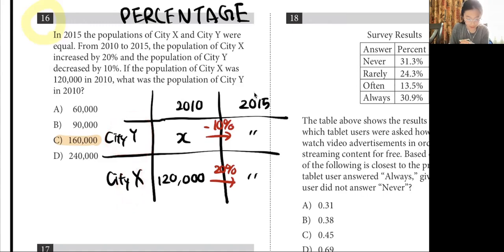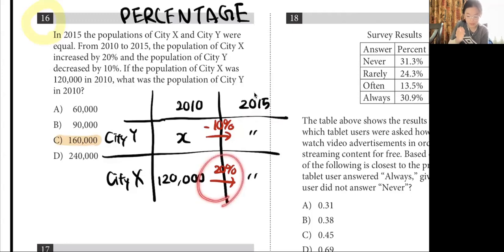It says the populations of city X and Y were equal in 2015, so I indicated that using the two lines, and you can see that there. So they're equal, okay? But then city X increased by 20% from 2010 to 2015.